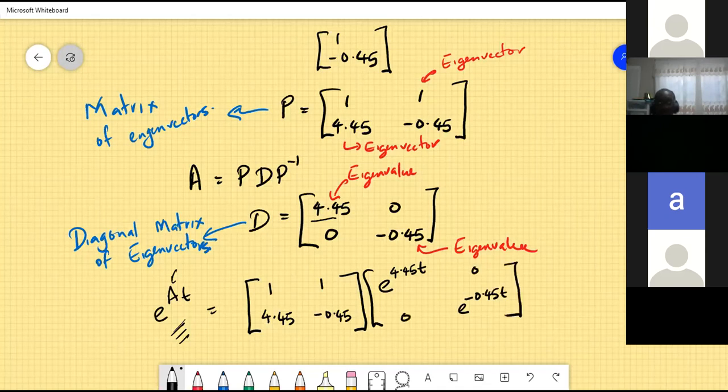And then the other matrix now is P inverse. We will find P inverse. Our MATLAB is minus 0.45, minus, when you multiply it across here, it is 4.45.